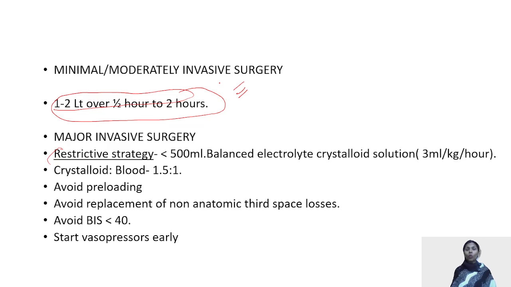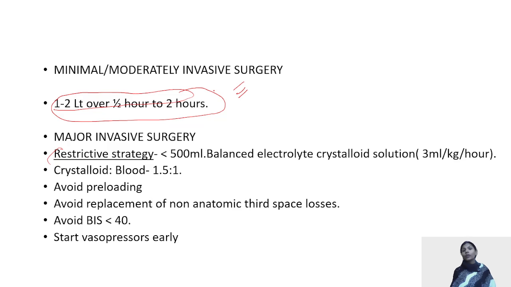That is, preloading is not done. You have to avoid replacement of non-anatomic third space losses, and also the BIS value has to be taken care of, because the lesser the BIS, it would mean more vasodilation and lesser activity of your heart. Okay, so the BIS value also has to be maintained between 40 to 60.